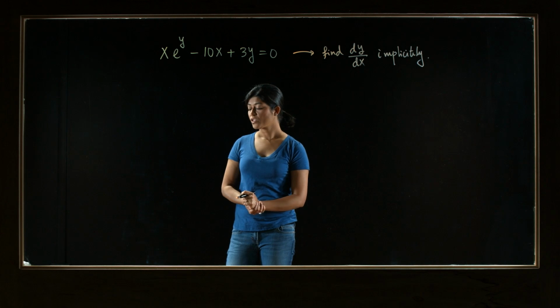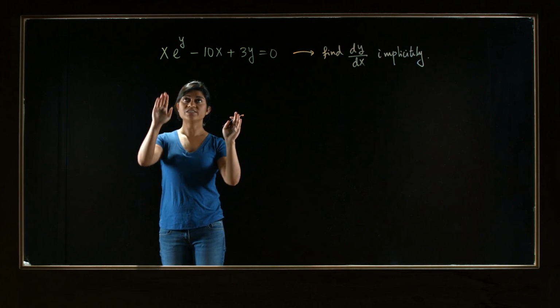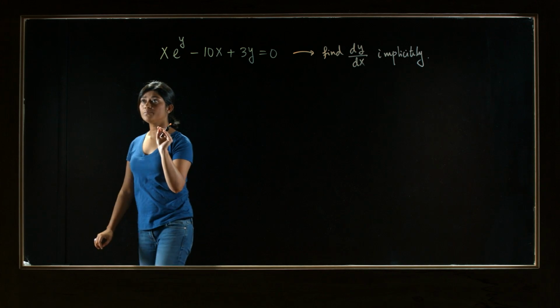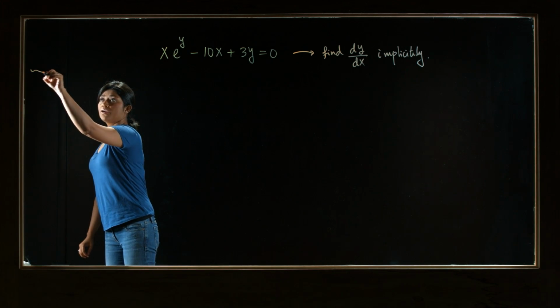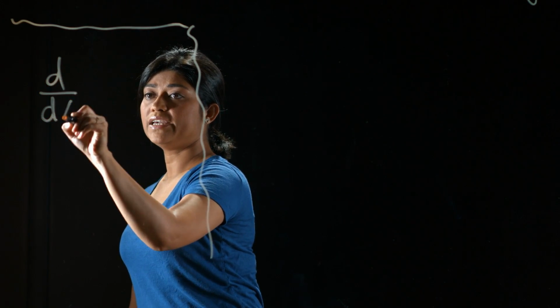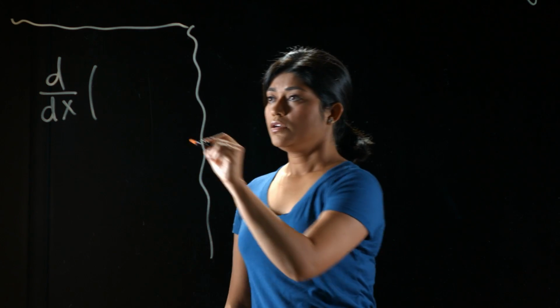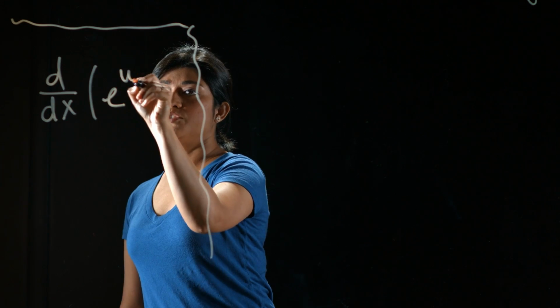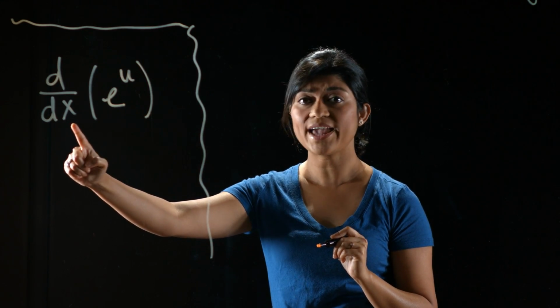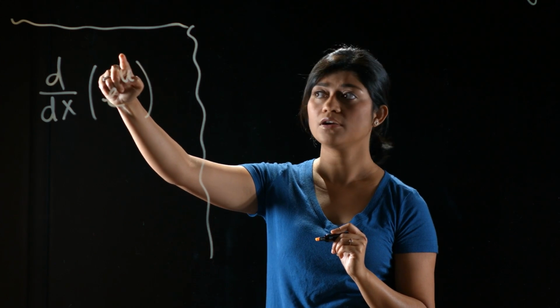dy dx. Before I start this problem, since we have an exponential function right here, let me quickly remind you of how we take the derivative d dx of a function of the form, say, e to the power u. Notice that we are differentiating with respect to x, but we have a different function here.